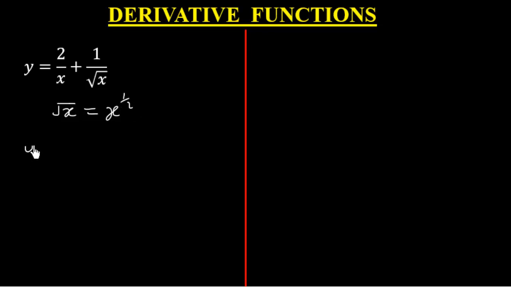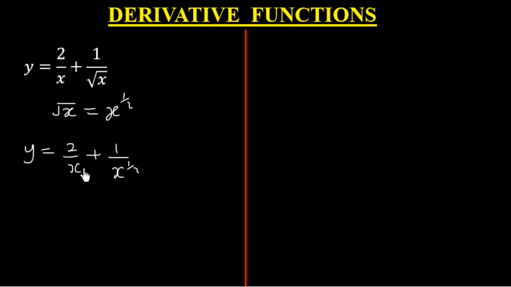So the function becomes y equals 2 over x plus 1 over x to the power half. Now, once again, we need to simplify the fractions. Before we can find the derivative of this function, we need to move the variable x at the bottom to the top, that is from the denominator side to the numerator side.